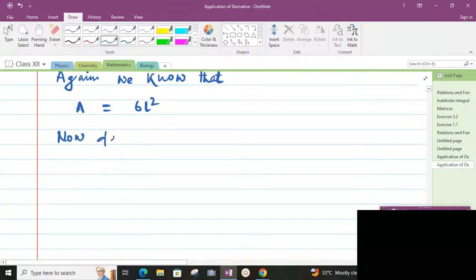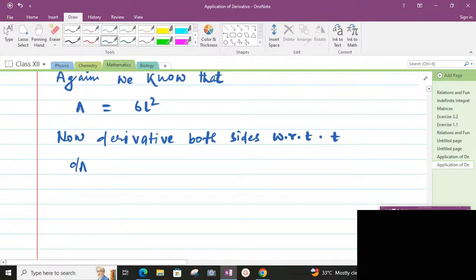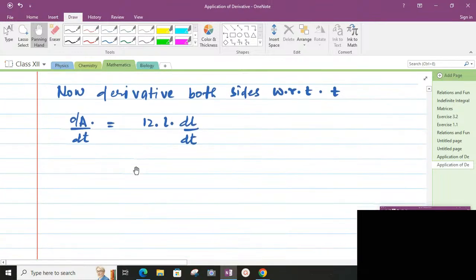Then on the left hand side we get dA/dt equals 12L into dL/dt. Now putting the values of L and dL/dt.